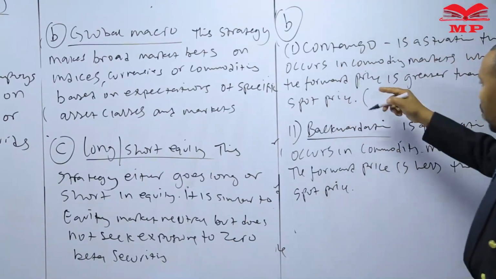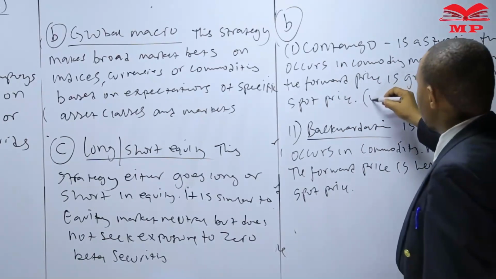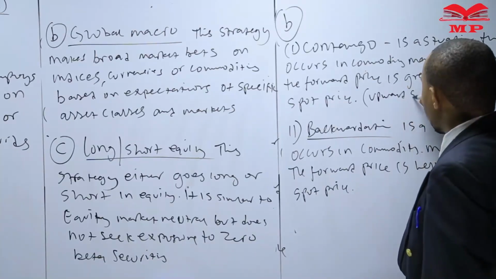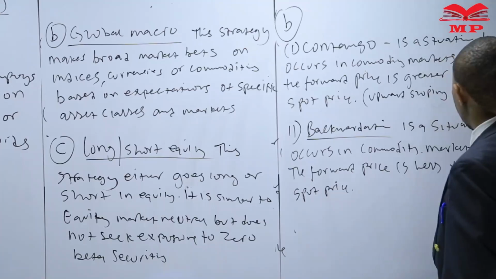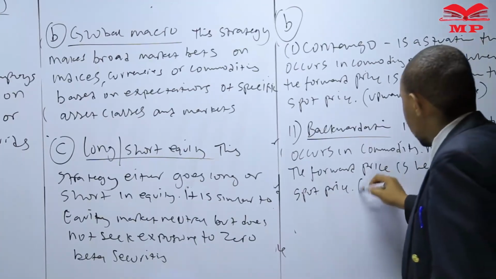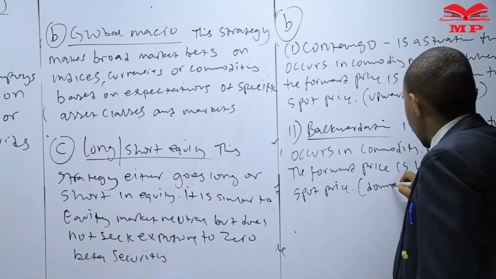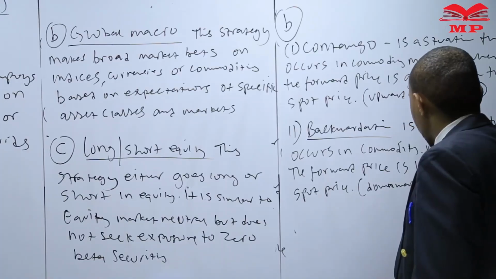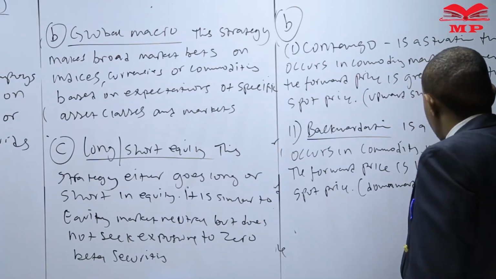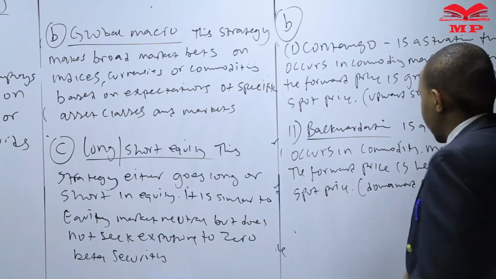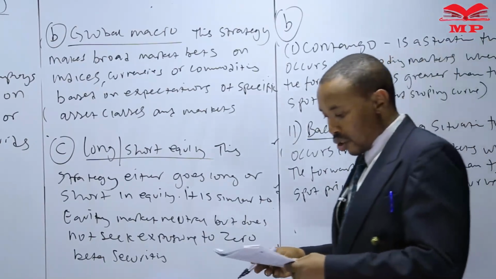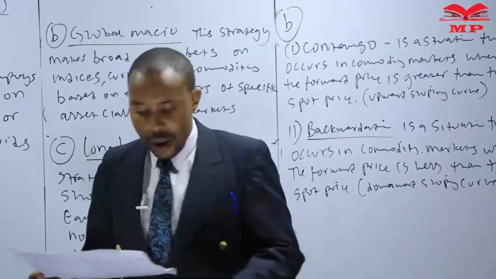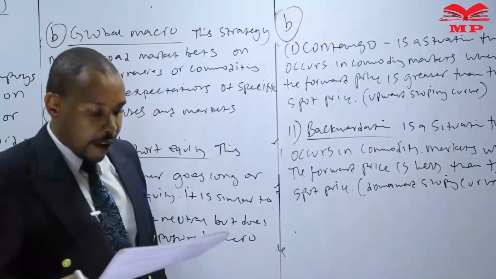So we can put brackets over here: upward sloping curve for contango, and this is downward sloping curve for backwardation.